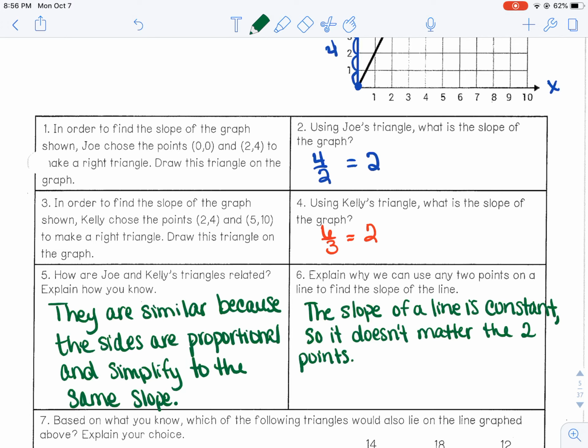The ratio of rise over run will be the same. Okay, again, if you need to pause that, go ahead and meet me at number 7.